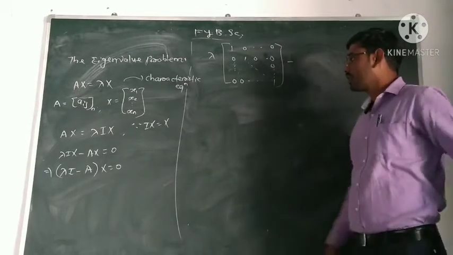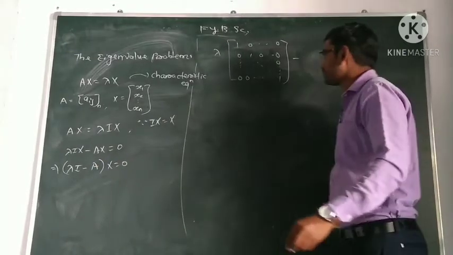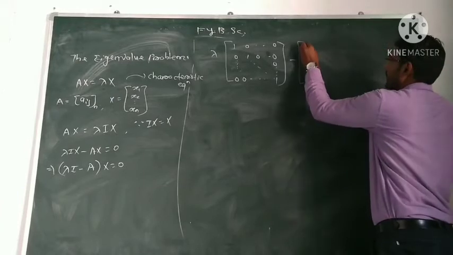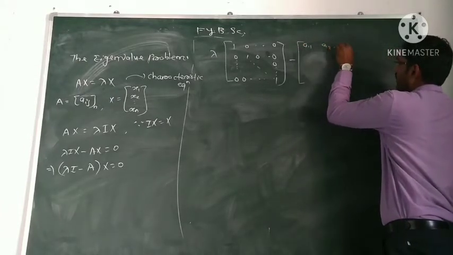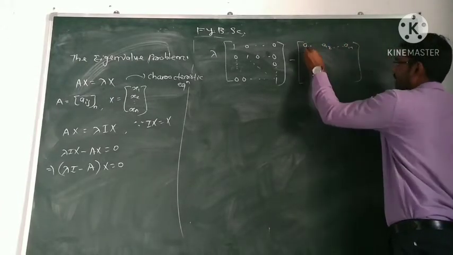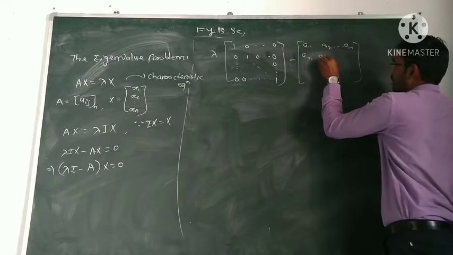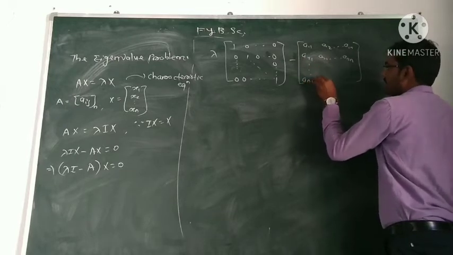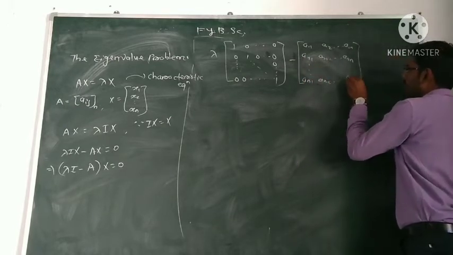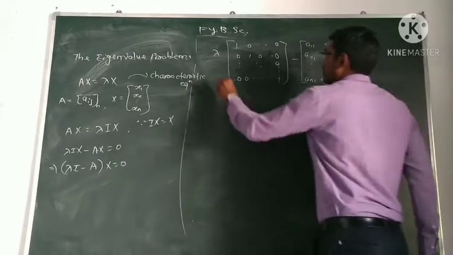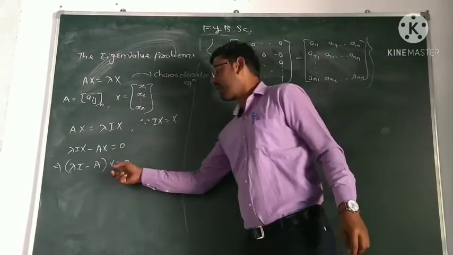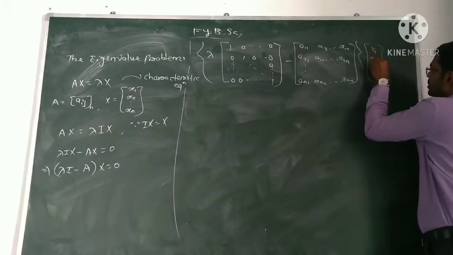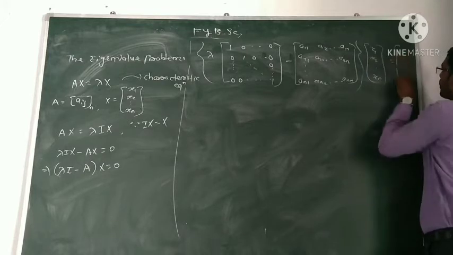Minus A, where A is the n by n matrix with first row a11, a12 up to a1n, then a21, a22 up to a2n, similarly an1, an2 up to ann, multiplied by the column vector x1, x2 up to xn, is equal to the zero vector.